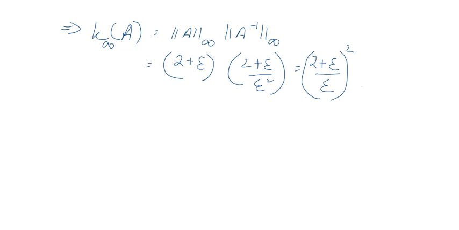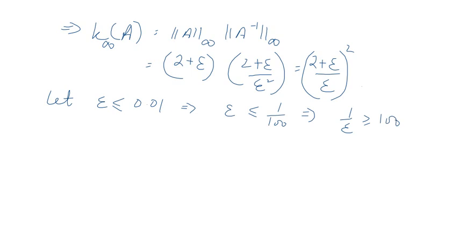So let epsilon be less than or equal to 0.01. This implies epsilon is less than or equal to 1 by 100, so 1 by epsilon is greater than or equal to 100, and 1 by epsilon square is greater than or equal to 10,000.